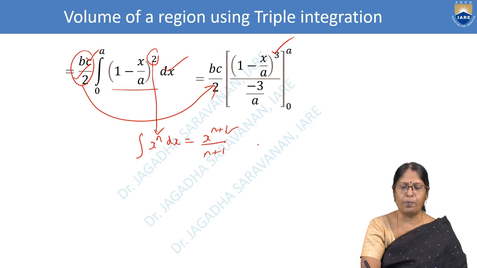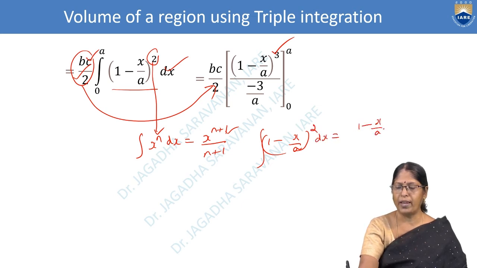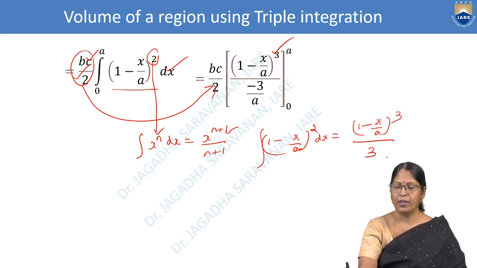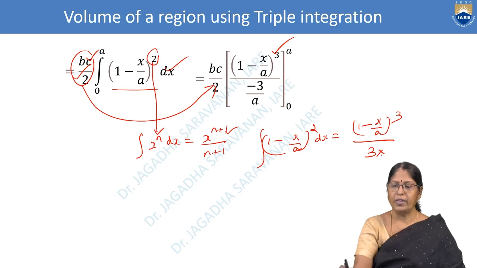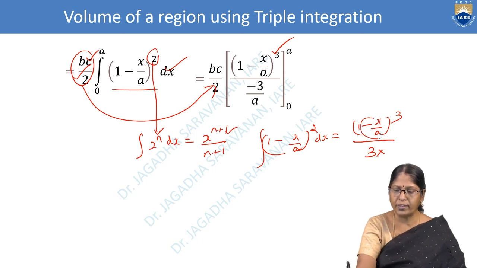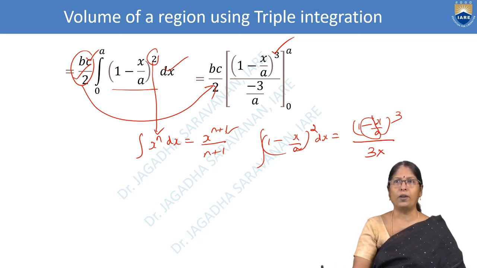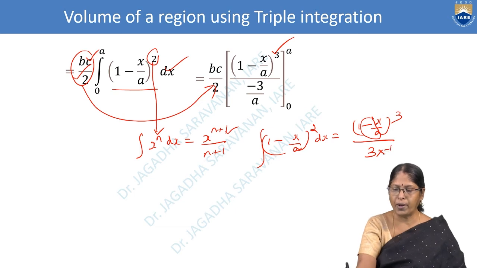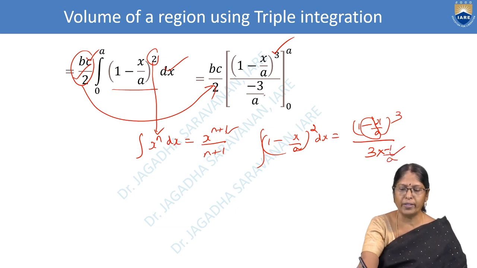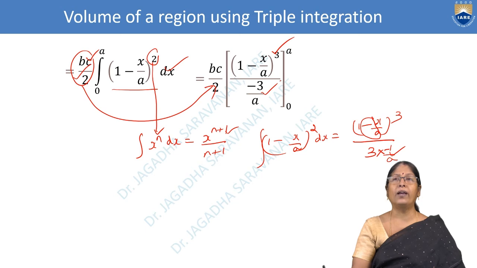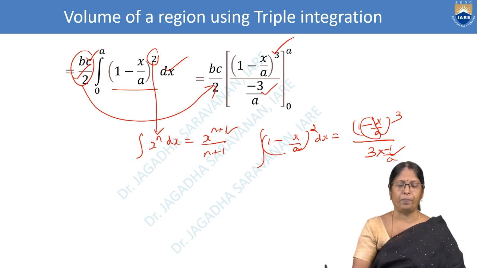So it is divided by 3, and the integral of (1 − x/a) whole square dx is (1 − x/a) whole cube divided by 3 into the coefficient of x, which is minus 1 by a. This put together has come here as minus 3 by a.